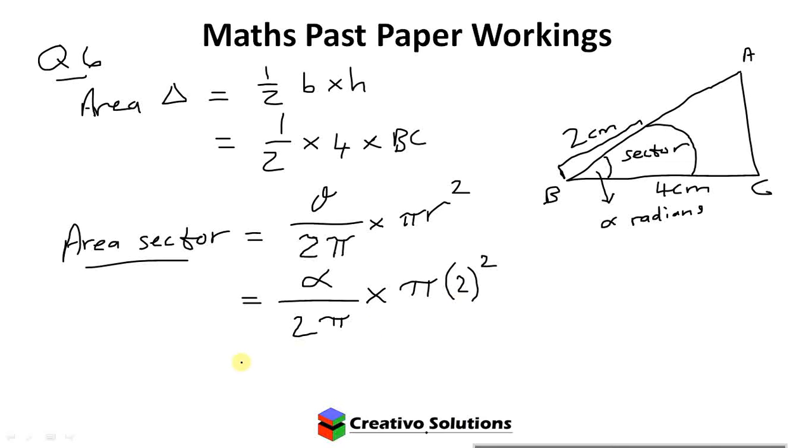Right, if I simplify this, this pi can cancel with that pi. That 2 at the bottom can cancel with one of the 2s at the top, and you'll be left with 2 alpha. Now we've got the area of a sector already.